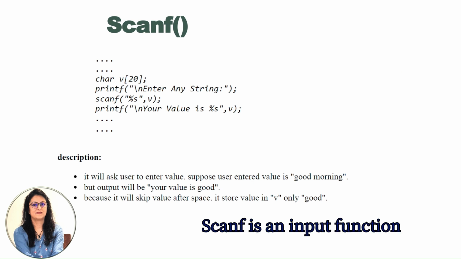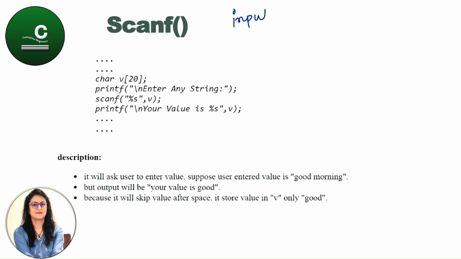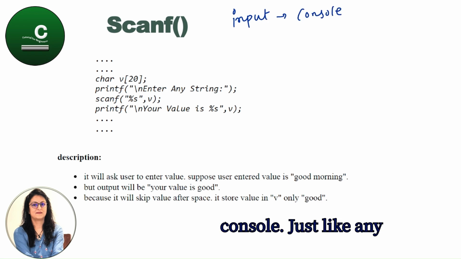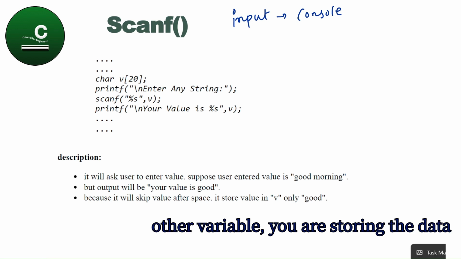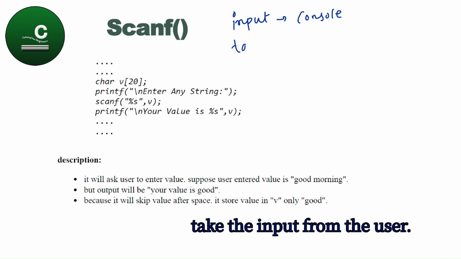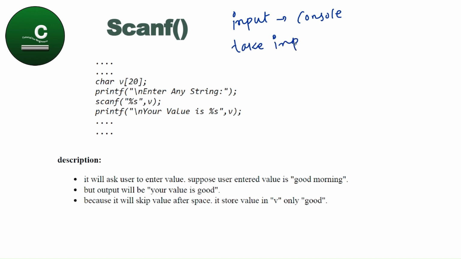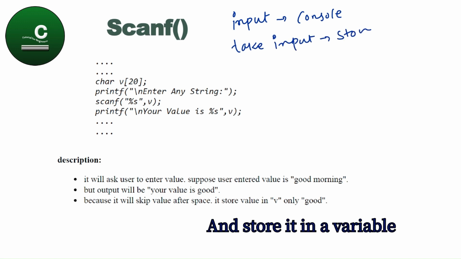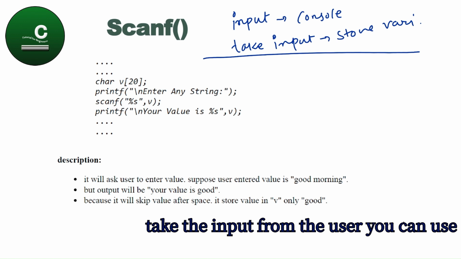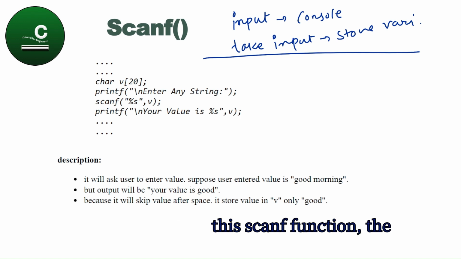Scanf is an input function which is used to take the input from the console. Just like any other variable, you take the input from the user and store it in a variable. In the same way, for a string, you can use this scanf function.